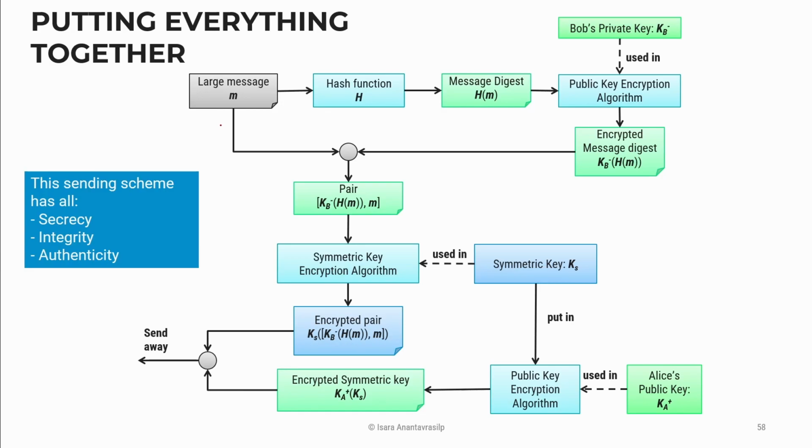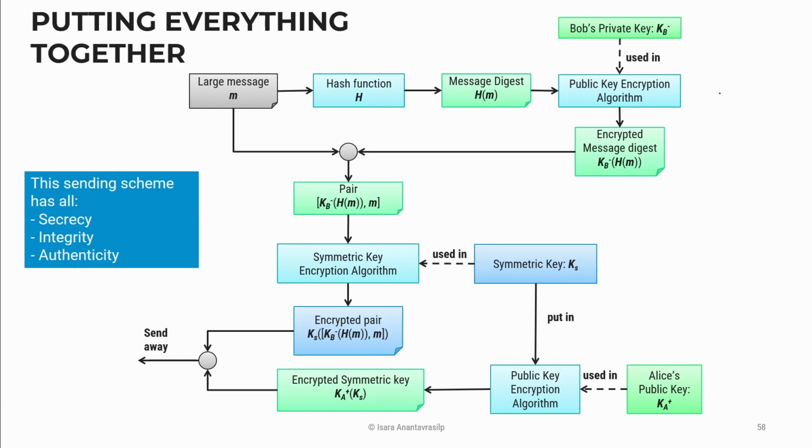Now we have a large message M to send. First step, we have to hash the message M using a hash function, and as a result, we're going to have H of M, which is the fixed-size digest. We're going to encrypt this digest using Bob's private key KB+.